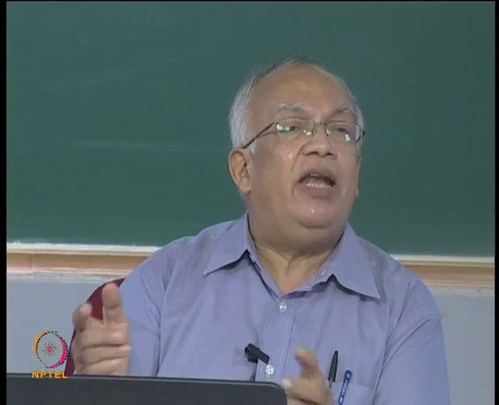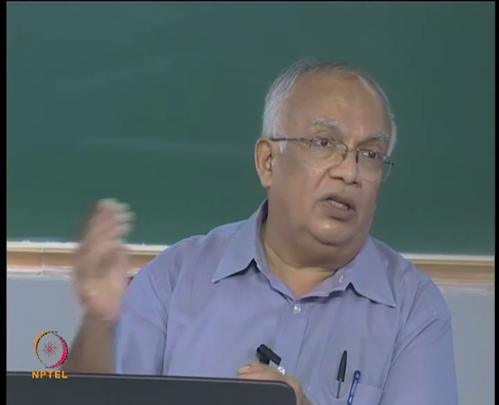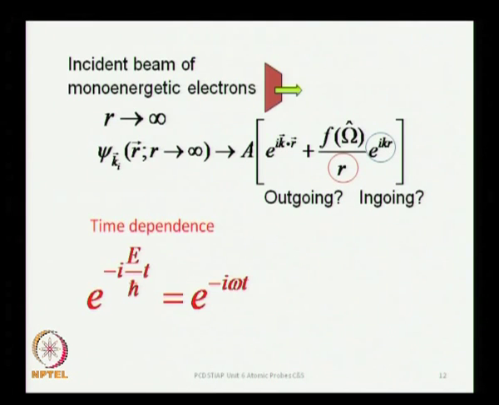So, without reference to time you cannot really answer these questions at all, and depending on how the time dependence is indicated, based on that you can determine if this is going along the positive z axis or it could also go along the negative z axis, because it depends on how you have defined your time axis, okay. So, you have to indicate that.